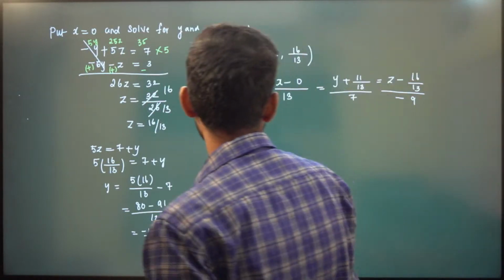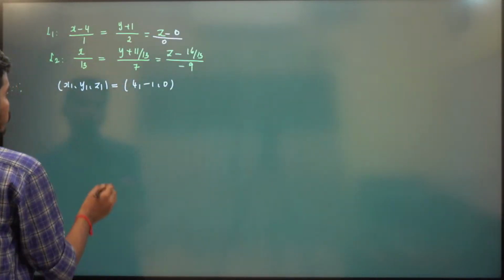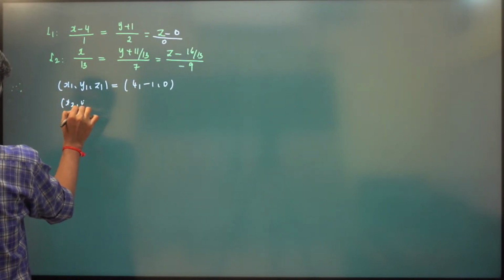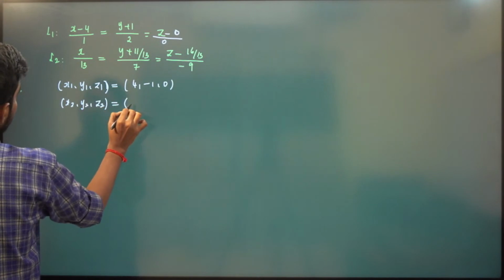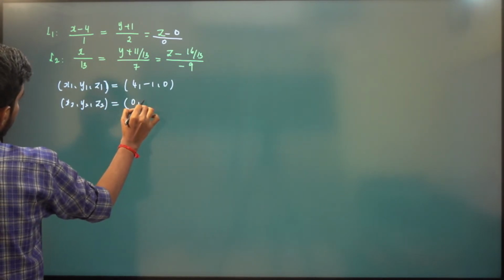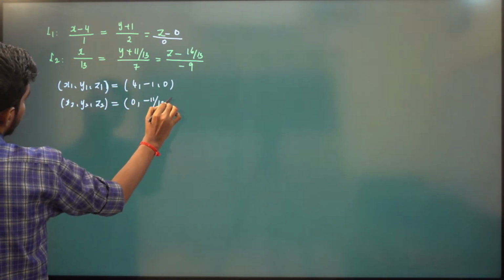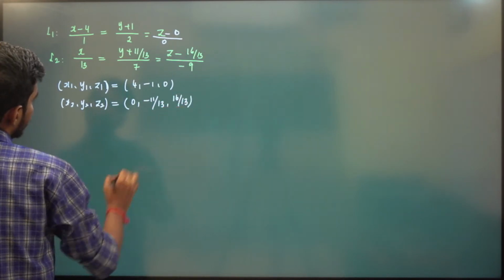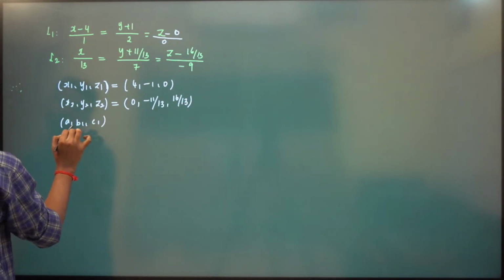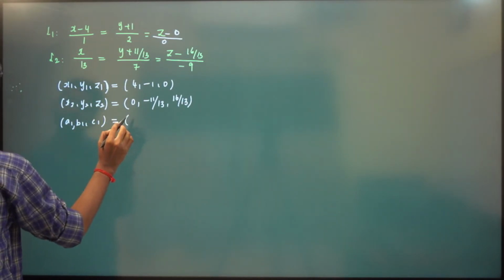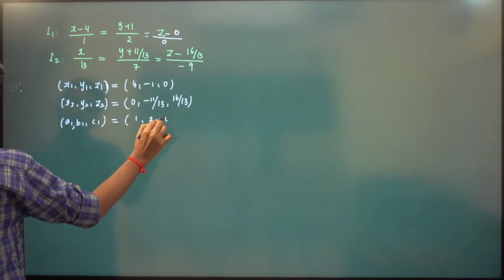So we have L2. What is x2, y2, z2? So x2, y2, z2 is 0, minus 11 by 13, 16 by 13, and we have a1, b1, c1 to be 1, 2, 0.